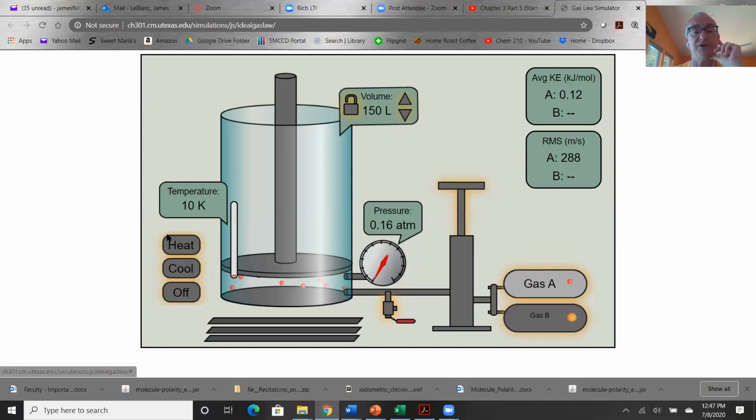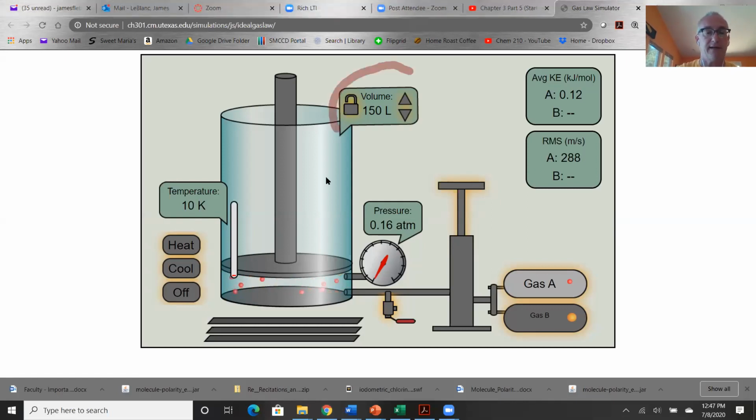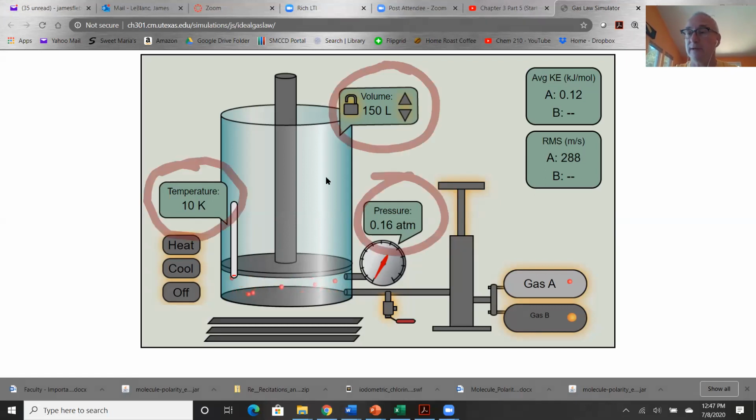You can see that our temperature is in Kelvin and our volume is in liters. So liters we understand, Kelvin we understand. Our pressure will be in atmospheres, so we don't have to worry too much about that. Now, energy over here is in kilojoules per mole.